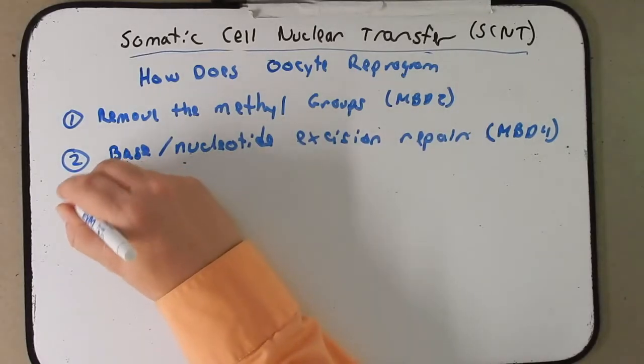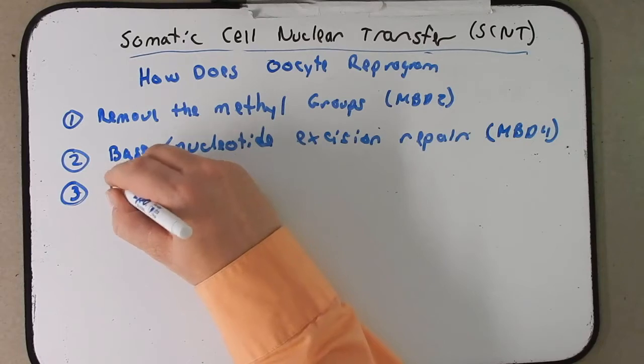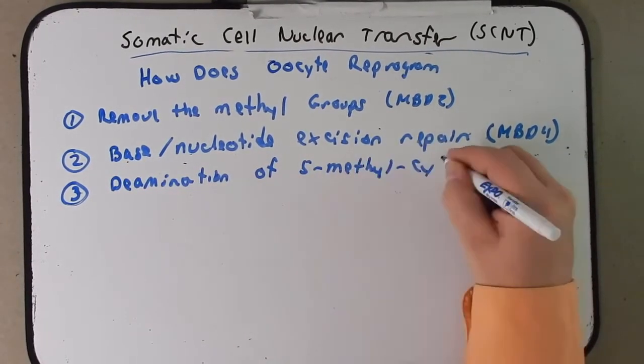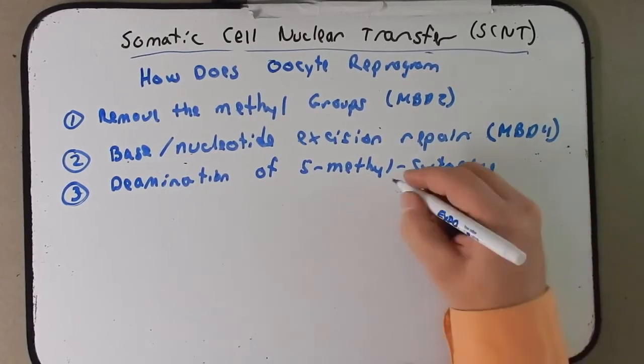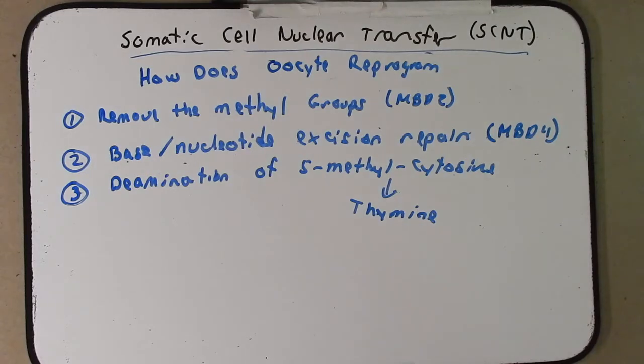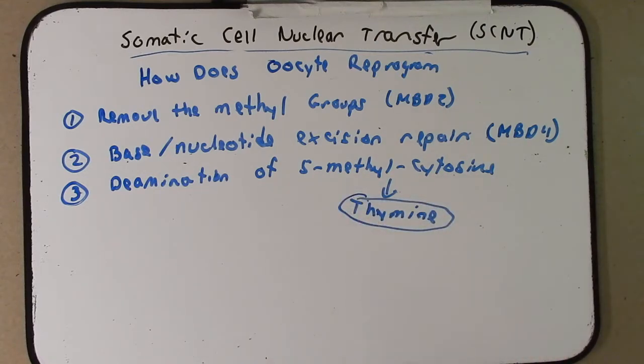The last one, which has probably the least amount of support, is that there could be a deamination of the 5-methyl cytosine to produce thymine. This would require a great deal of energy to remove all of them, so that's one reason we think this is problematic. Another reason is you would create the wrong base, and that could have downstream consequences that would not benefit the progeny that survived, if they survived.